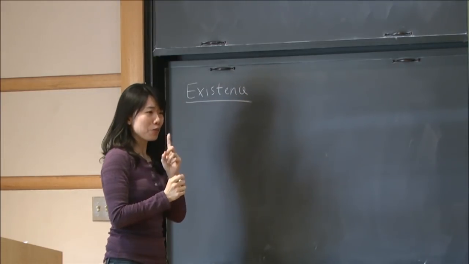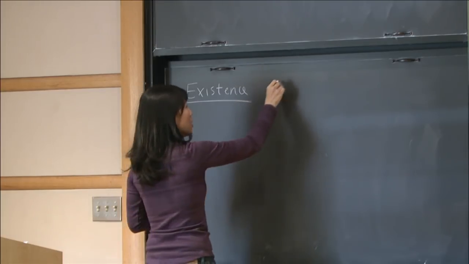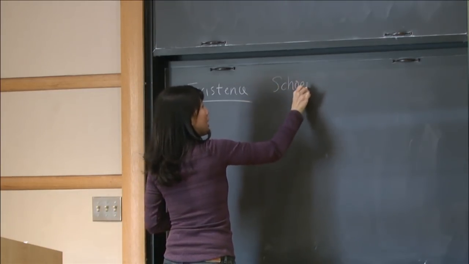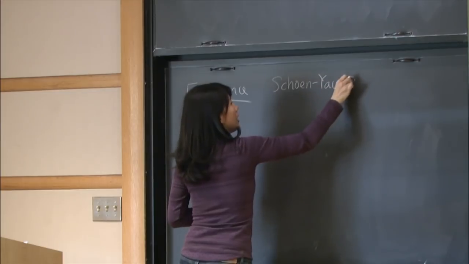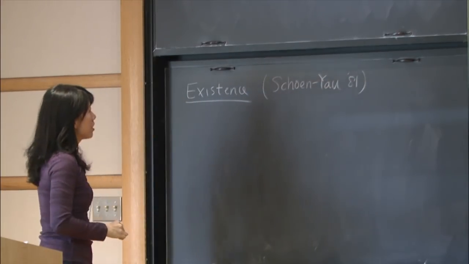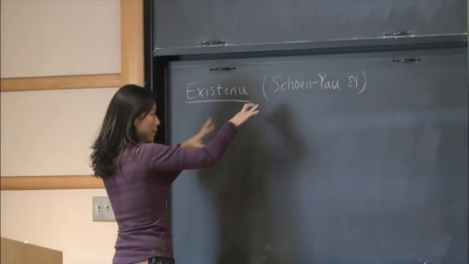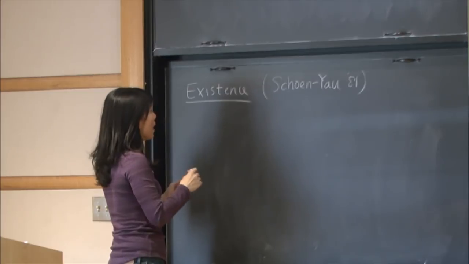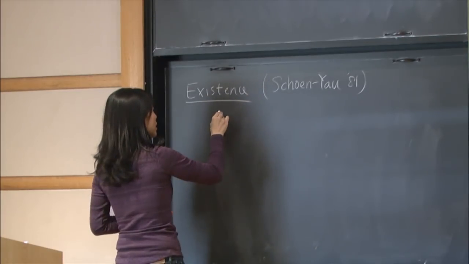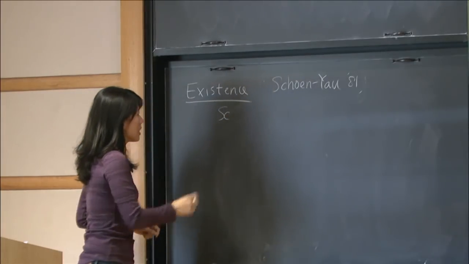There's a very beautiful approach. I think now we really know just one way to construct minimal surfaces, and that's in the paper by Schoen and Yau in '81, where they proved the positive energy theorem, and then that way to find minimal surfaces has been adapted in different situations. So this is really the foundation of the existence.